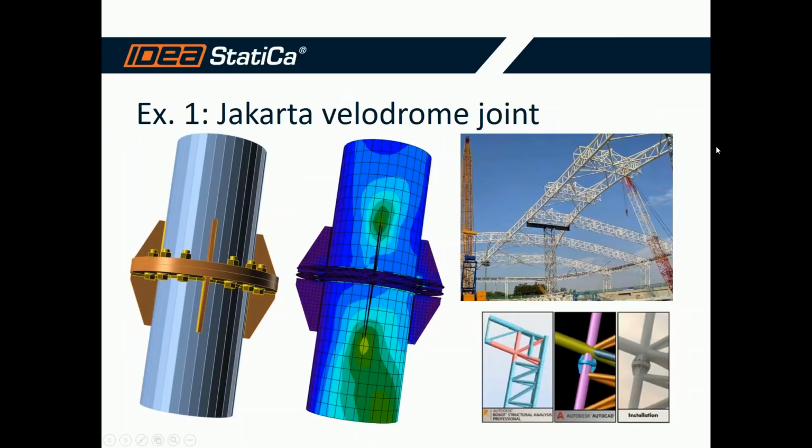Good afternoon once again. Thank you for the word, Alexander. The first example is designed as the study of the bolts' input possibilities for the circle end plate of a joint from the Jakarta velodrome, which was designed and checked by IDEA StatiCa Connection.